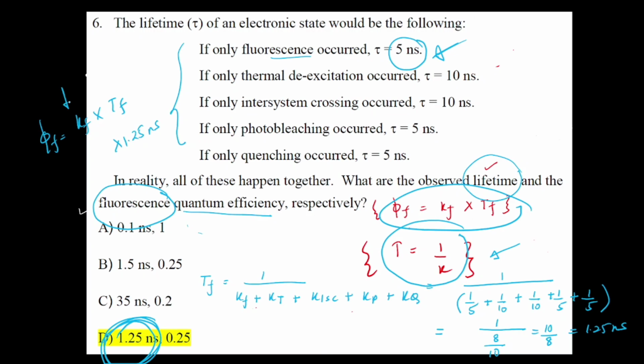So over here we have to take the rate constant for fluorescence only. That is going to be 1 by 5. So 1.25 divided by 5 would give you 0.25. Because the units are also nanoseconds, it is going to give you a dimensionless quantity, that is quantum efficiency, 0.25. I hope this question is clear.